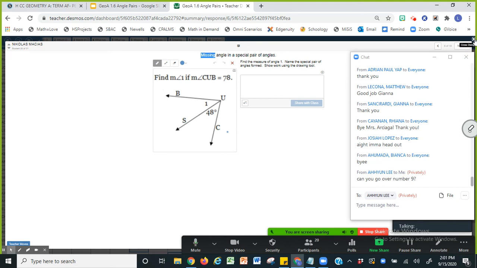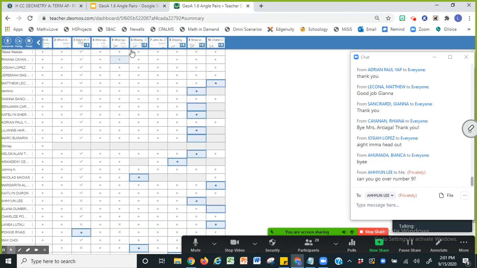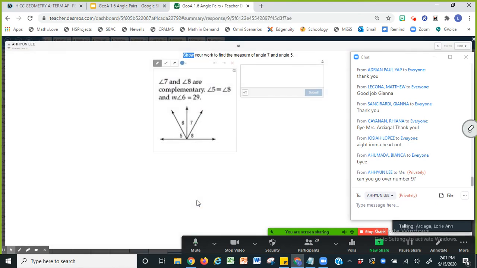Okay. Alice, number 9. So where is Alice? Okay. So 7 and 8 are complementary. So in other words, these two make a right angle, correct? Because they're complementary. And then 5 is the same as 8. Okay, and then 6 is 29.